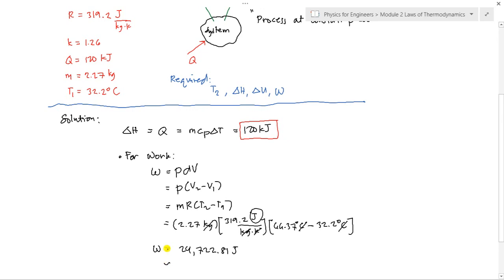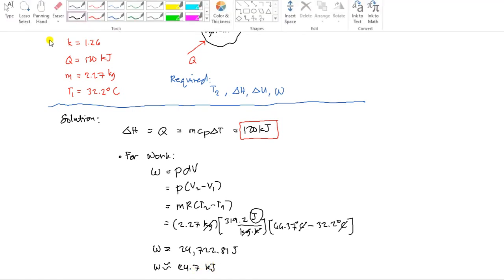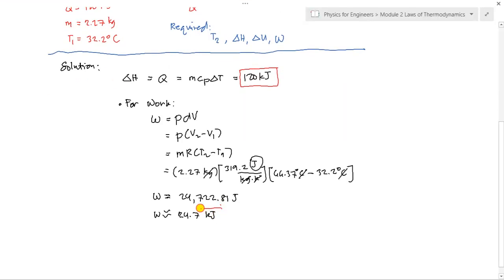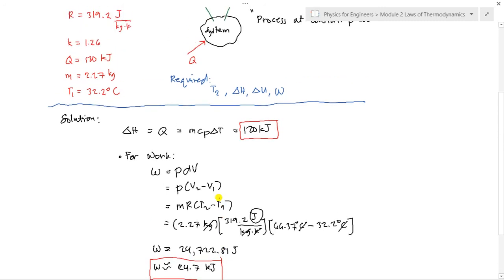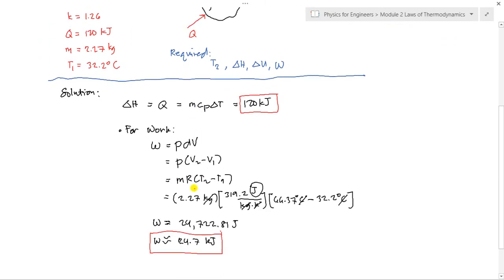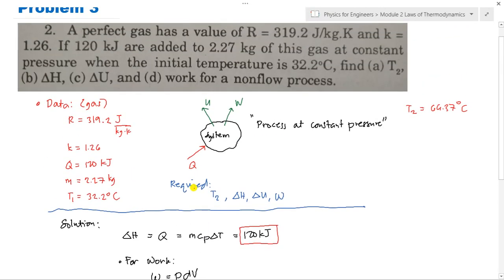In terms of kilojoules, approximately, work is equal to 24.7 kilojoules. So that is the value of the work for this process. Therefore, we have obtained the four: the work, the enthalpy, the internal energy, and the temperature at point 2.